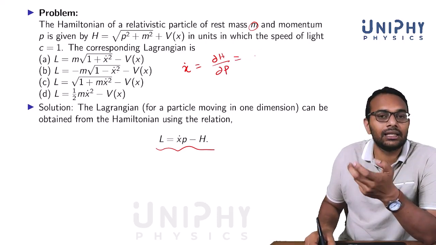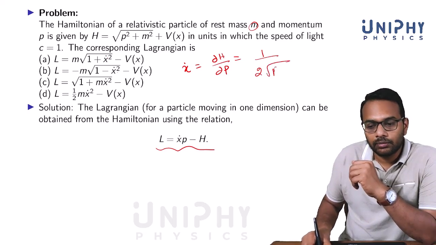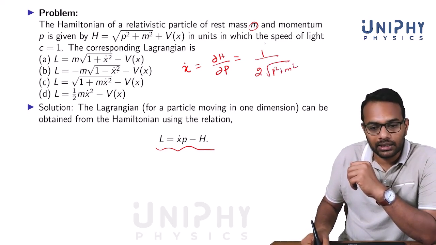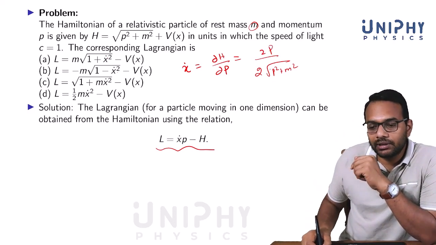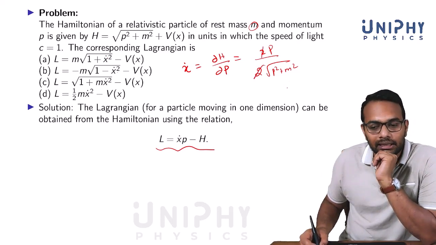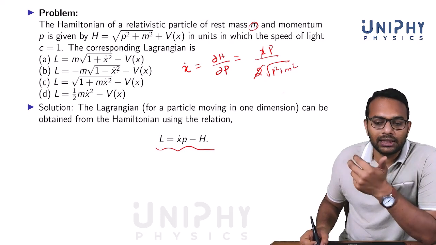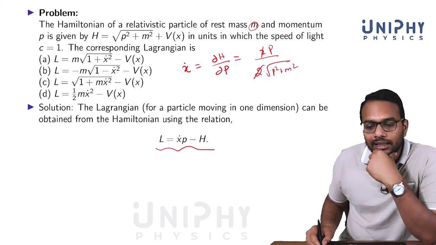You just take the derivative with respect to p. You see that it's 1 by 2 square root of p square plus m square, multiplied by 2p, which is the derivative of p square. So this 2p divided by, so x dot is p divided by square root of p square plus m square. In our final formulation we don't need any p there, so you can use this.